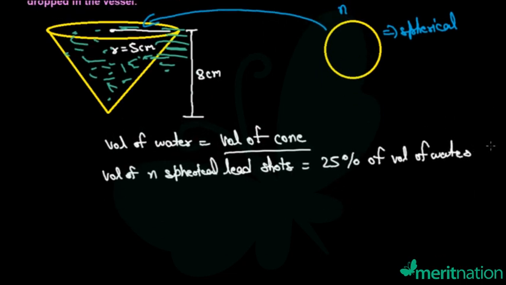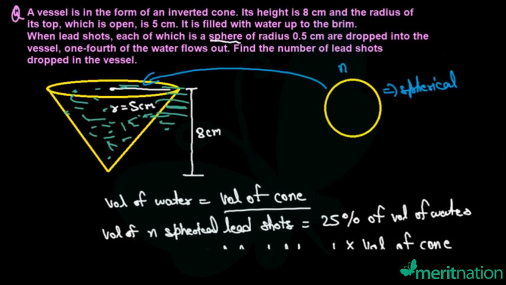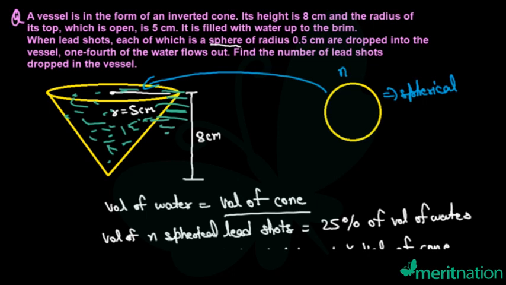So the volume of these n spherical lead shots is equal to 1/4 the volume of this cone. Now we know dimensions for all of them. The radius of the cone, let's call it R1. The radius of the spherical shots is R2, which is equal to 0.5 centimeters.